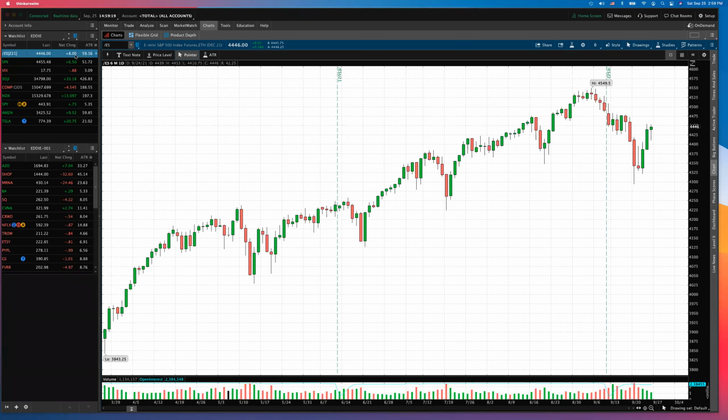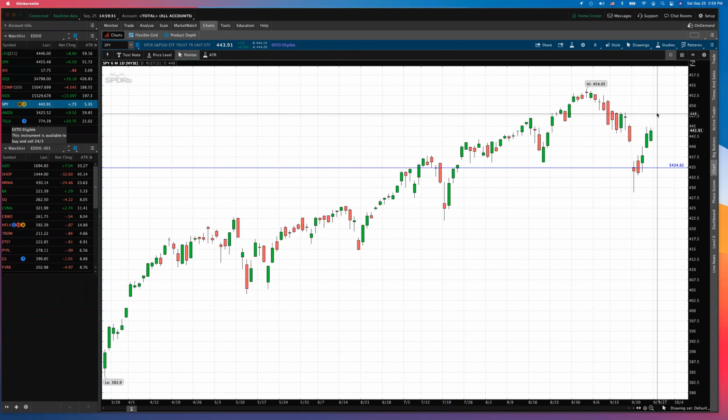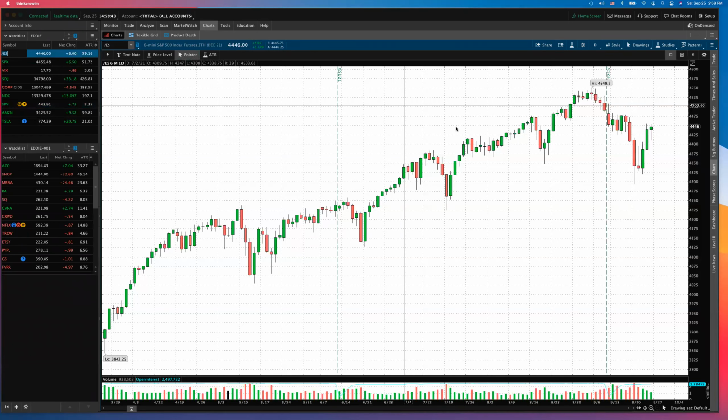How much above? About this much above, right? I also follow other things that trade 24 hours, like the SPY. Notice that I have 24 here on the SPY, because right now SPY is trading. It never stops. So I look at that and I look at ES to see where they were.